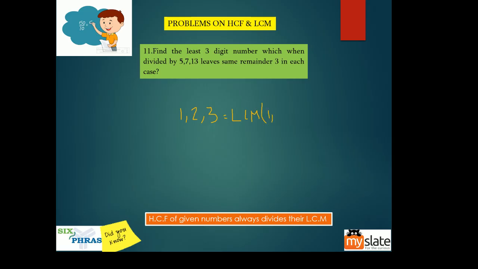What is the LCM of 1, 2, 3? It is 6. So 6 is the least number which is divisible by 1, 2, 3. What does divisible by mean? It means the remainder is 0. Yes, guys, it means the remainder is 0.